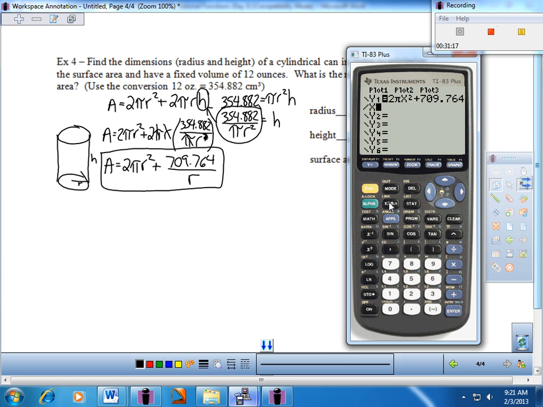Okay, that's good. Now, no reason to just hit zoom standard because that's not going to help. Let's think logically about this. Everyone go to window. Remember, x is the radius, y is the surface area. So when you do this, and this is one of the hardest things at this level, is to come up with a good window and see this graph. But I could make the argument, and think about this, the radius can't be negative, so we might as well start at 0.